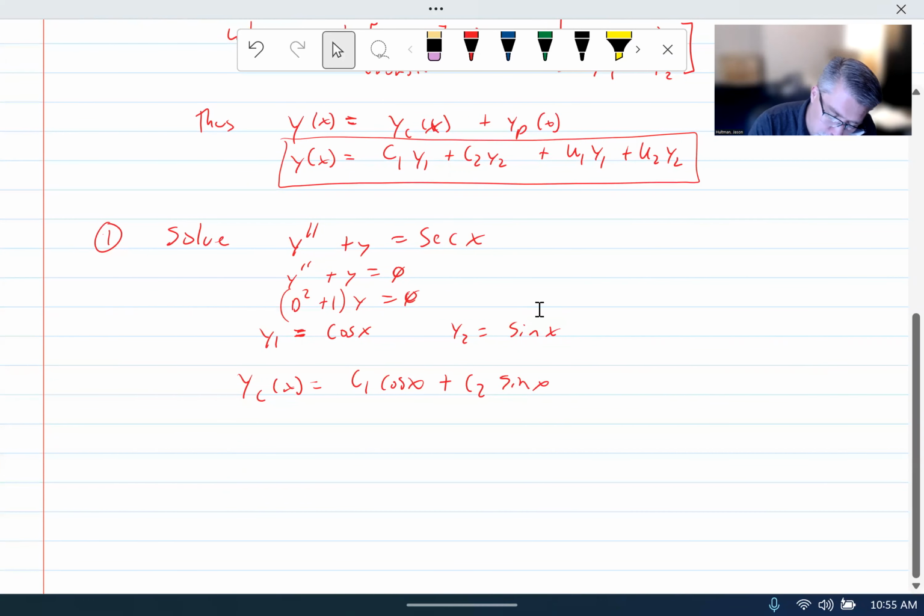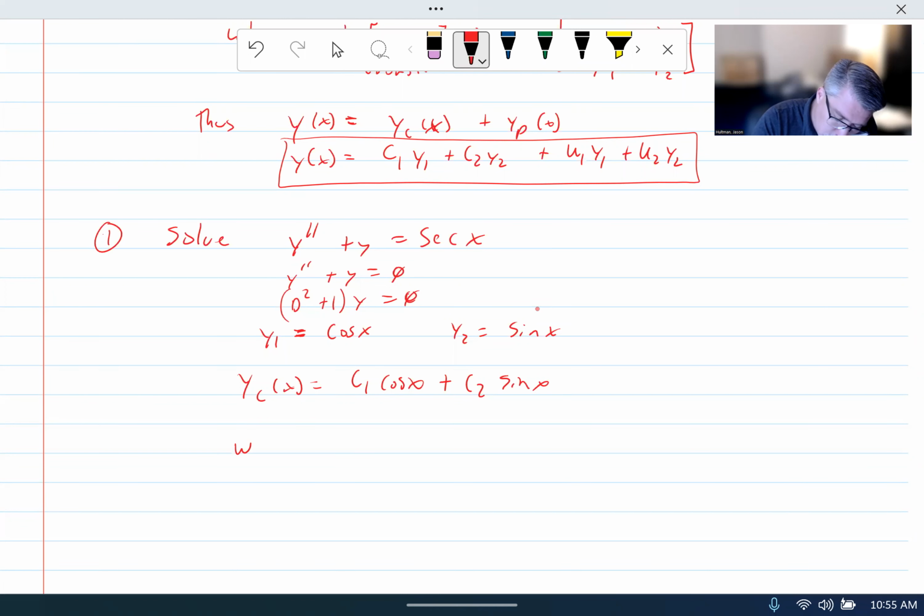Okay, that tells me that I can find the particular solution here using the Wronskian and using those integrals. Okay, so let's first calculate the Wronskian.